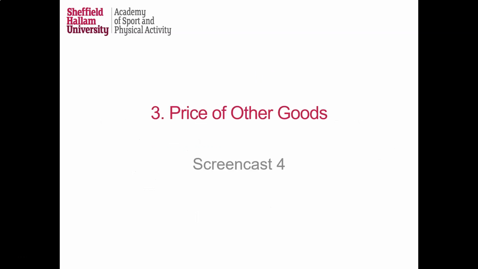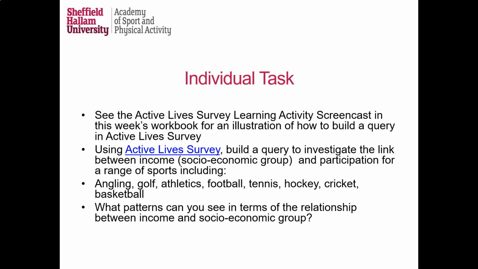Now, again, there will be reading which you can carry out between this week's and next week's seminars, which will allow you to consider evidence on income elasticity of demand for certain sports goods, products or services, probably ones related to the sector of the industry or the area of the business that you're going to do your assignment on.